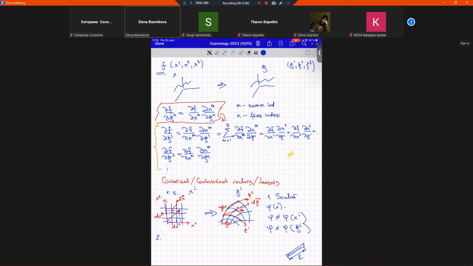So this is the idea we need to keep, and we will find special mathematical objects, tensors, which exactly satisfy this idea: the coordinates change, but the length of the vector stays constant.